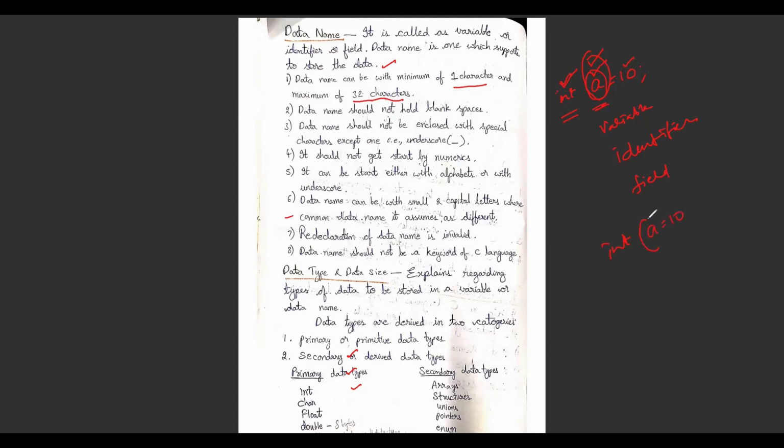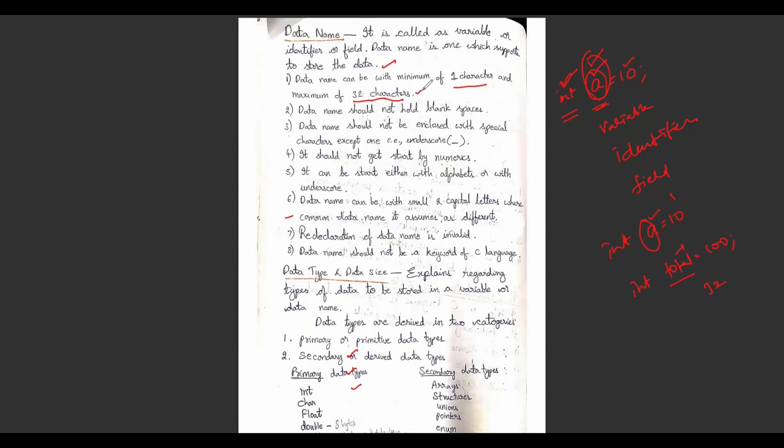Now here the size of that data name is only 1 character, but I can say int total equals 100. So here total is of 5 characters. In this way, you can take the data name with a minimum of 1 character and a maximum of 32 characters.